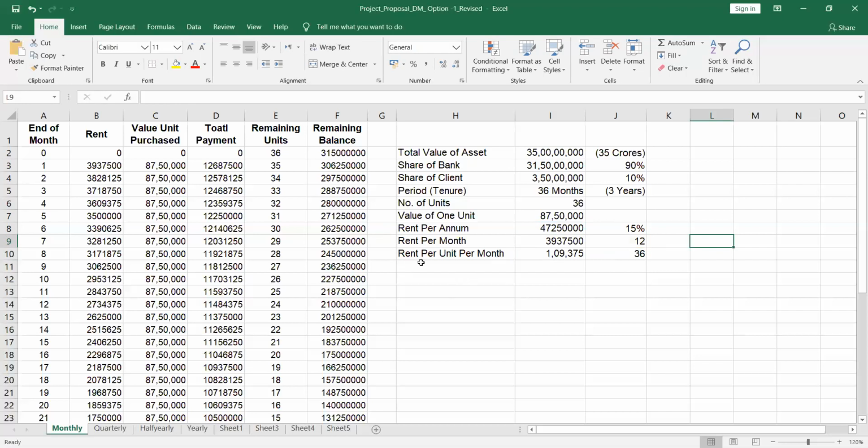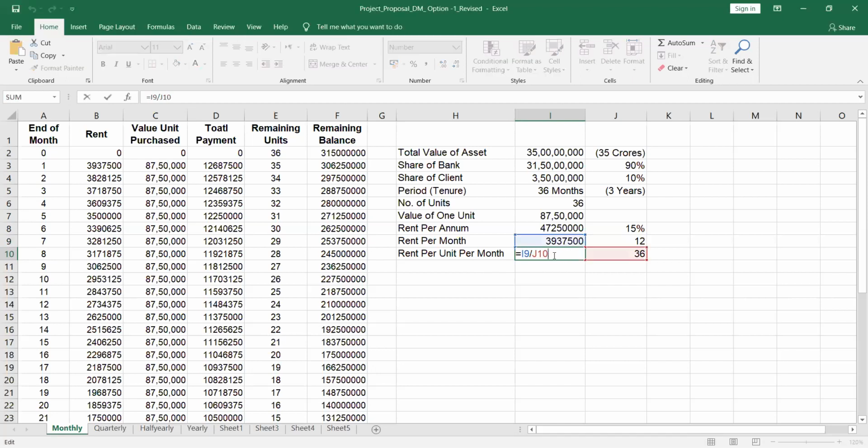Then rent per month per unit. Per unit, how much rent the customer has to pay. Whatever rent per month we have calculated will be divided by 36 units. So we will get rent per month per unit. You can click this sheet.